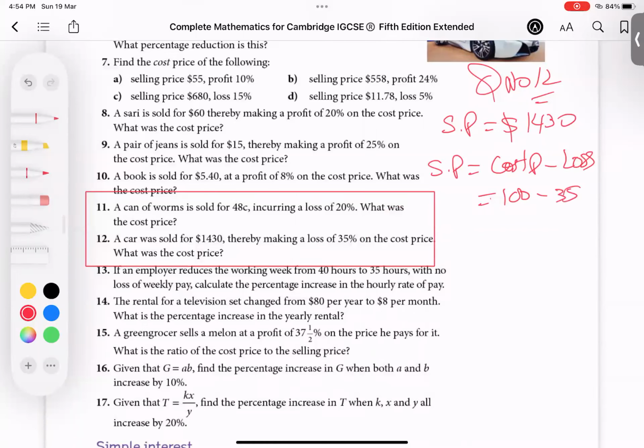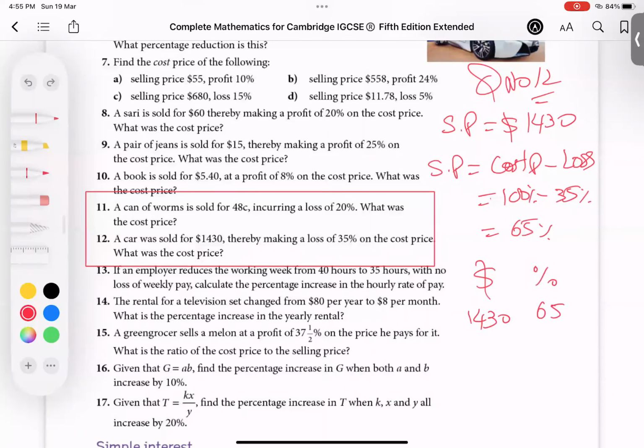So the cost price is 100% and the loss is a 35% loss. So 65% remains. So I hope you got the point: dollar sign and percentage. So the selling price of 1430 after having a loss becomes 65%. And we need the cost price.